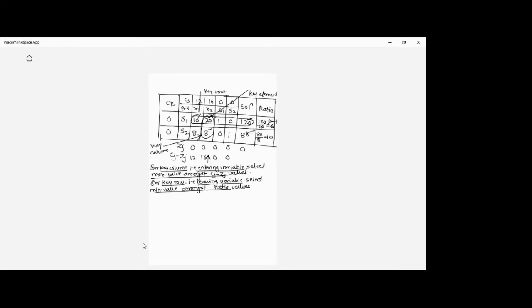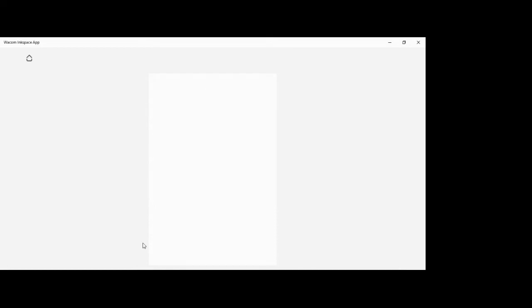I'm hoping that you have understood these terminologies, because we are going to use them for the next iteration. So now we are going to perform the next iteration. I'll be drawing the above table on a fresh page, and then we can move ahead.